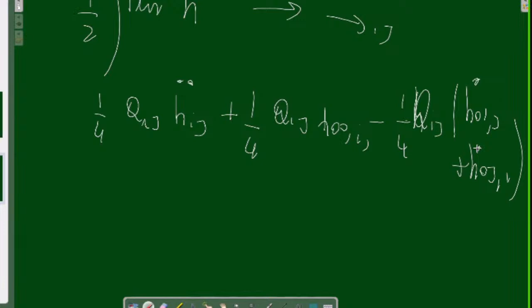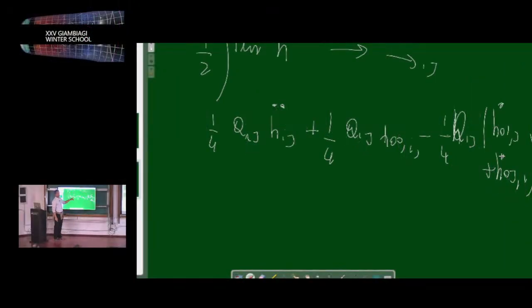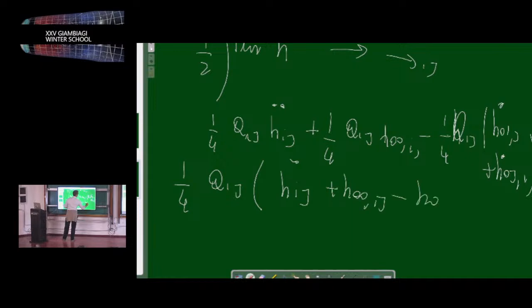Okay, so look at this. At this point, I have at the second order in my Taylor expansion, because second order for this, first order for this, zero order for this, I obtain this coupling, 1/4 Q_{ij} times h_{ij} double dot plus h_{00,ij} minus h_{0i,j} minus h_{0j,i}.